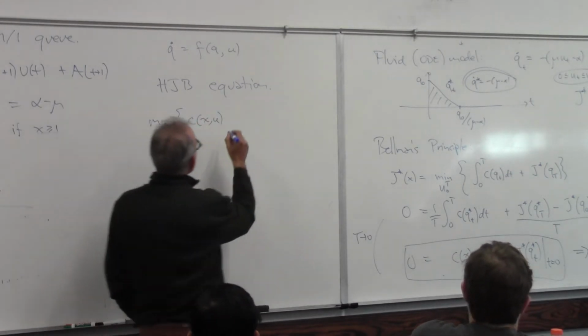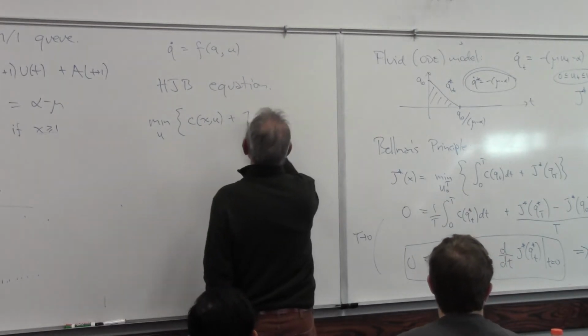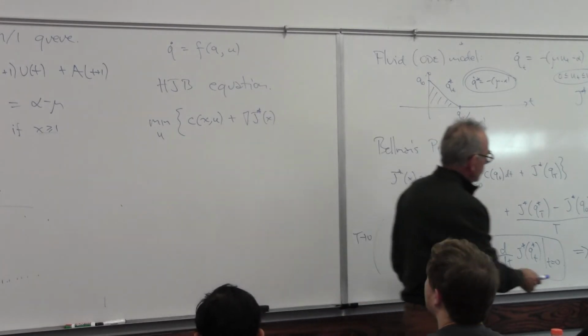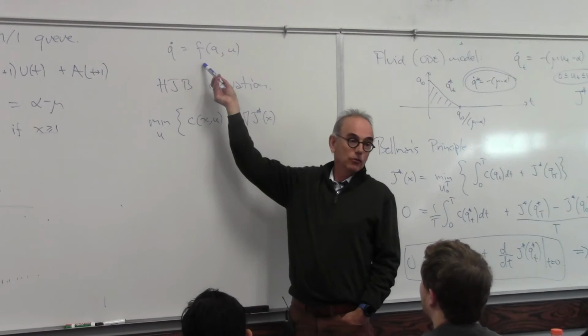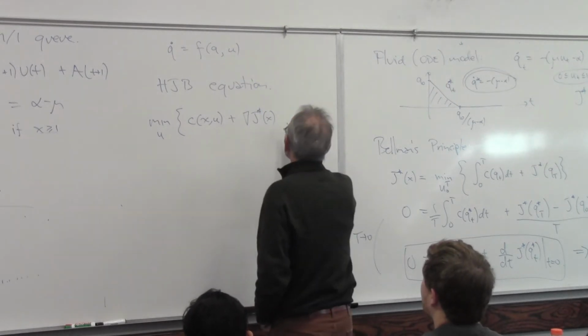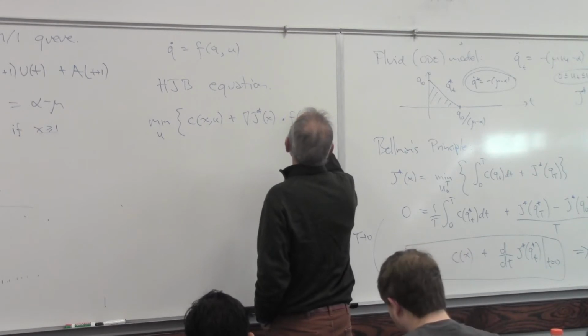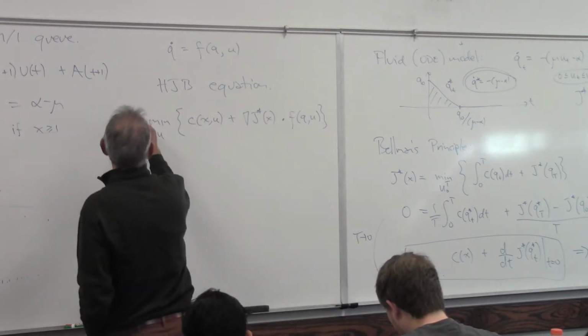We could. And I've got a grad J star. And I've got a Q dot. But Q dot is just a function of Q and U. And that's equal to 0.